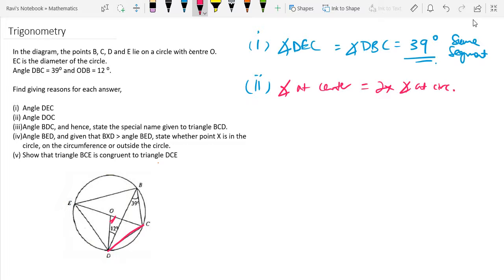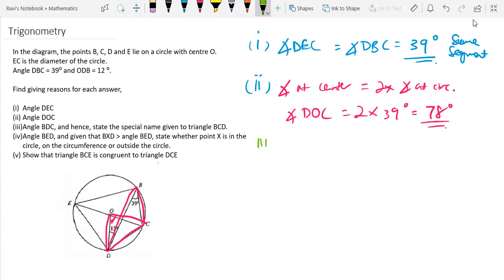From D and C, we are drawing two triangles, one that touches the circumference and one that touches the center. So we can apply this rule. So we can say that angle DOC is equal to 2 times 39 degrees, which is equal to 78. So that is the rule we have applied.